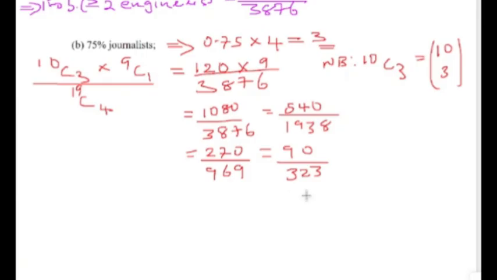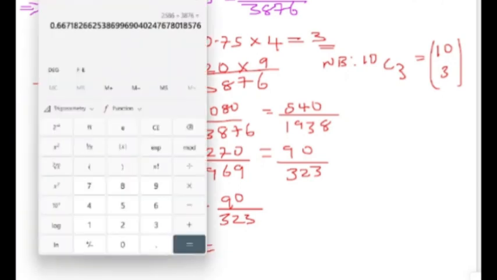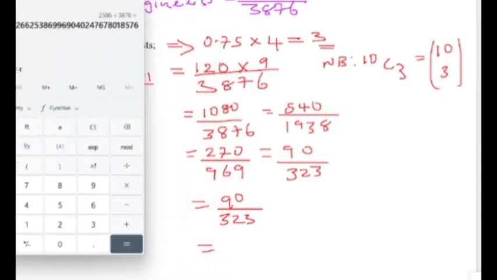Then let's see, can we still divide by 3 there? So we can leave it here. We'll say your final answer is 90 over 323. We can leave it also in terms of decimals. Now let's see if our reduction is correct.